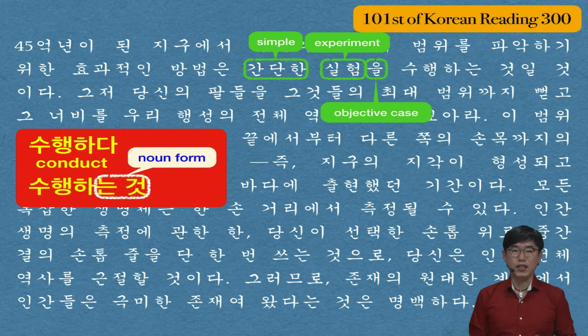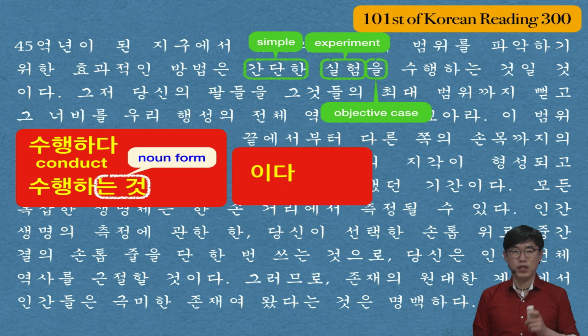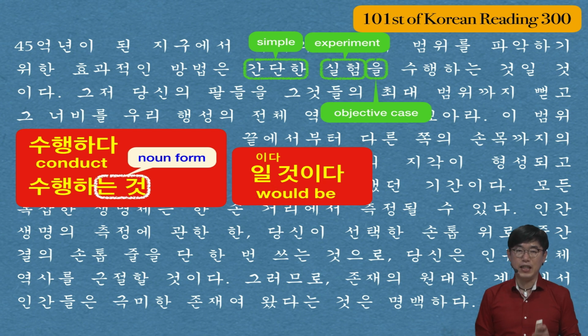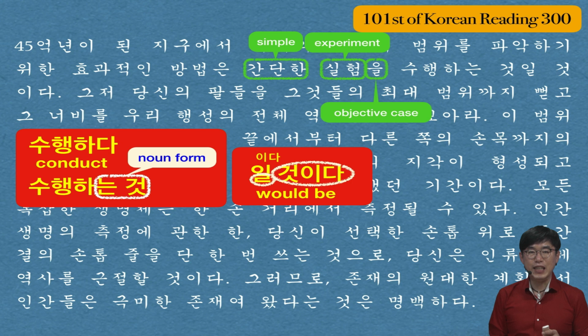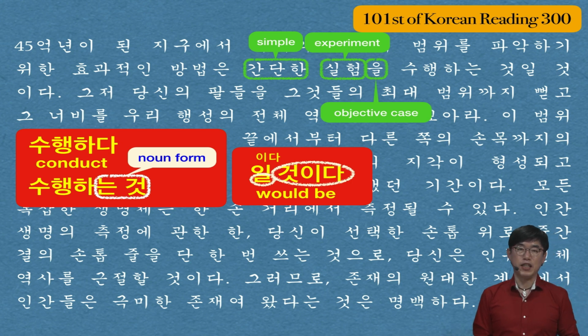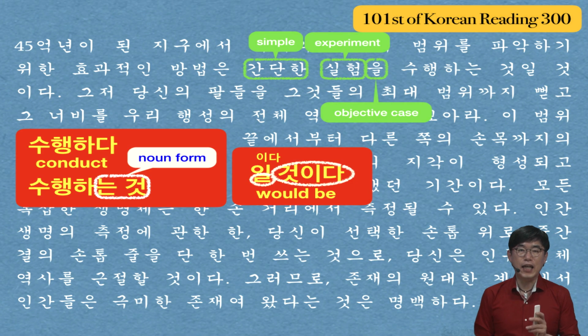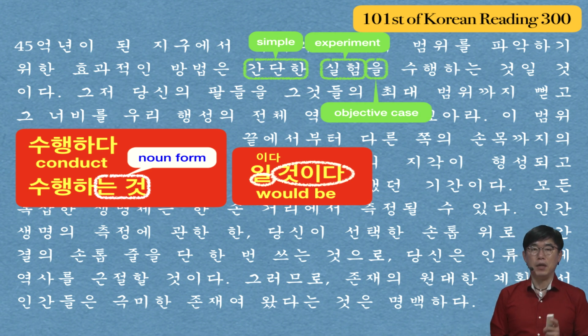And the predicate, 이다, is changed into the expression 일 것이다. 다 is removed and 리을 is placed under 이, and 것이다 is placed behind. This 리을 것이다 is an abstract expression of things, work, phenomenon, etc. So this is the same as would be. So 간단한 실험을 수행하는 것일 것이다 is would be to conduct a simple experiment.